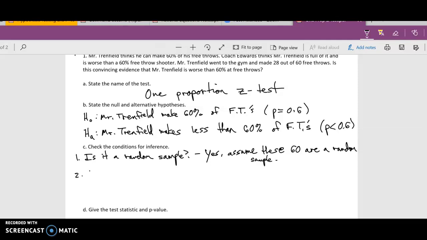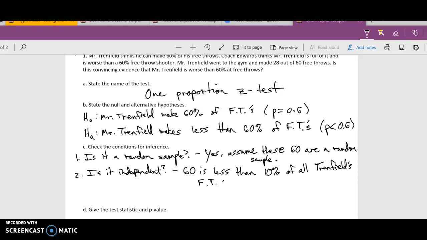Number 2, is it independent? Well, his number of shots, 60, is less than 10% of Trinfield's free throws. So yes.